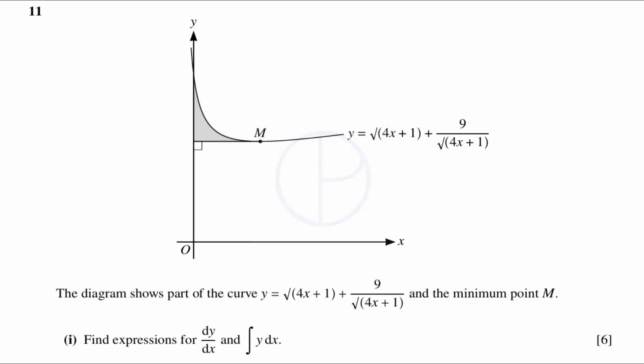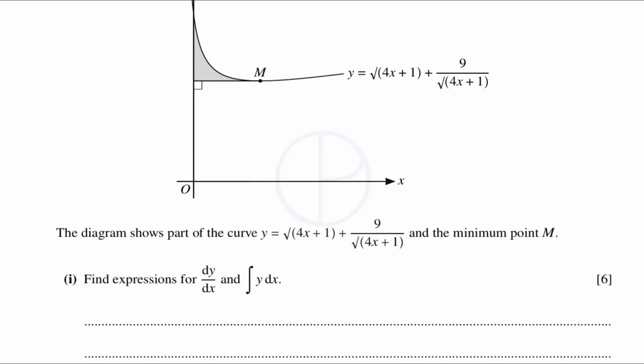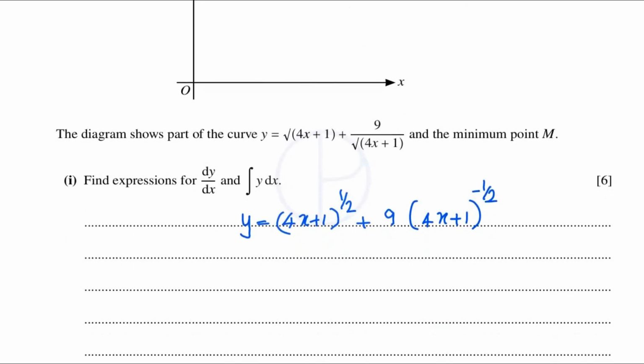Let's differentiate this one first. Let me write y as y is equal to (4x plus 1) to the power 1 over 2 plus 9 multiplied by (4x plus 1) to the power negative 1 over 2. Now we have to differentiate this.